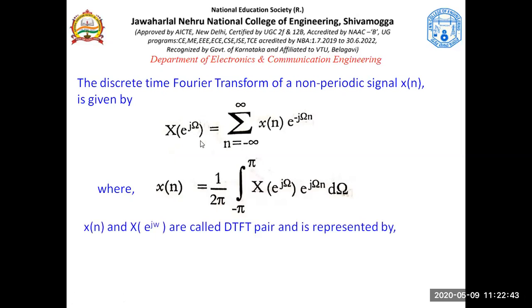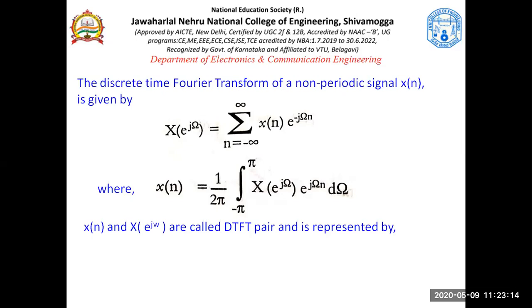And these two equations, X of e power j omega and x of n, are called the DTFT pair. As we have seen in Fourier series, in Z transforms, and in Laplace transforms when we studied them last sem, every transform has got transform pairs. Why do we call them a transform pair? Because there cannot be one signal without the other.